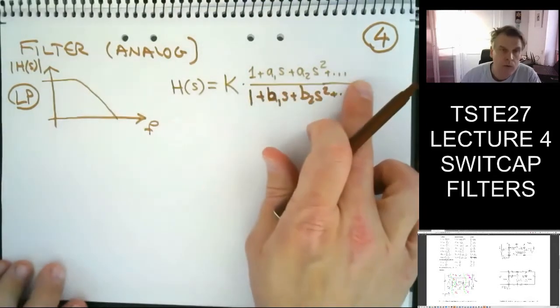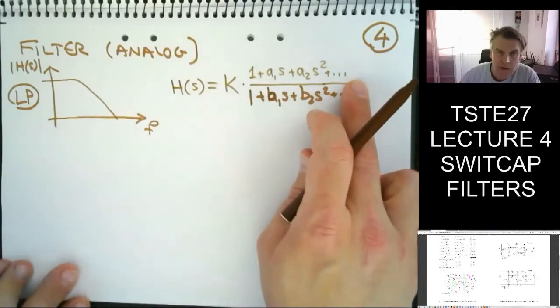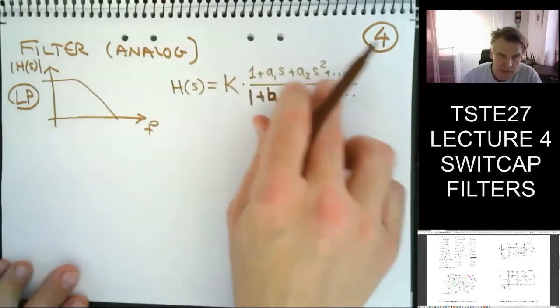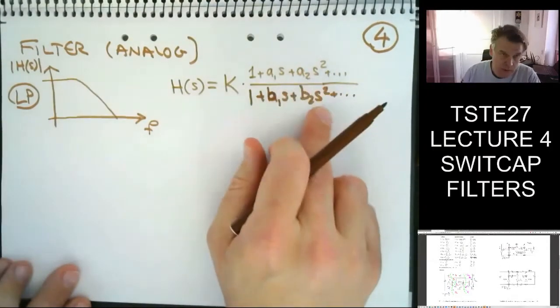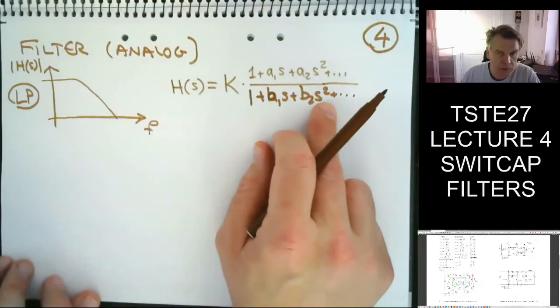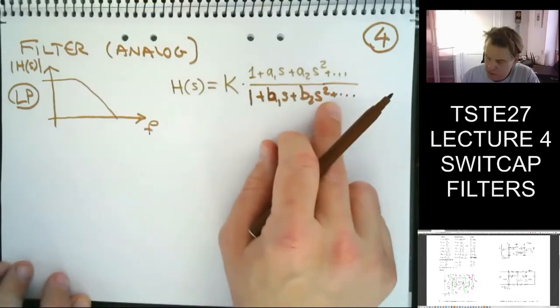And I have an order of the polynomial in the numerator and denominator. I have certain requirements, obviously, from a stability point of view. The order of the polynomial also determines how many operational amplifiers you need, or accumulators, if you like.